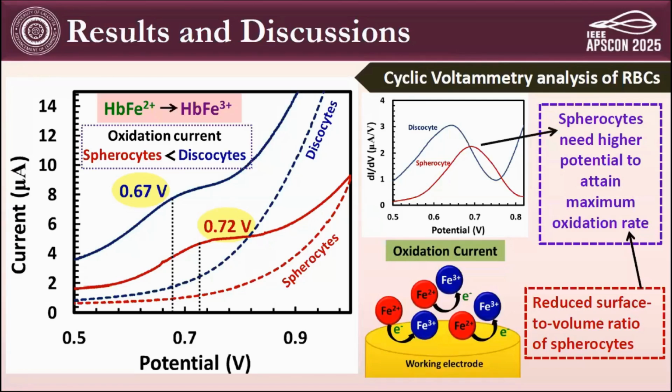Moreover, from the differential curve, you can also observe that in addition to a lower oxidation rate, spherocytes also require a higher potential to attain the maximum oxidation rate. We have attributed this to the reduced surface to volume ratio of spherocytes.